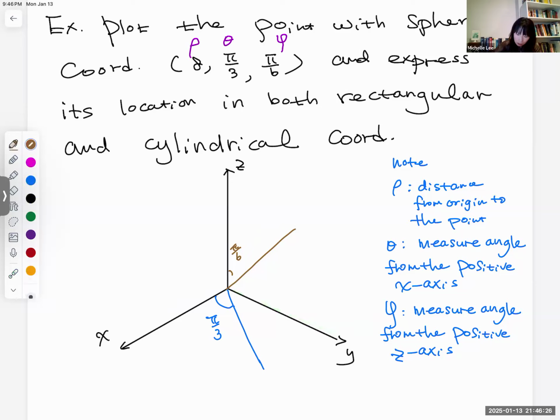Okay. Now, I just want to measure the 8 units because it's rho. We measure the distance from the origin to the point, right? So 1, 2, 3, 4, 5, 6, 7, 8. How about that?